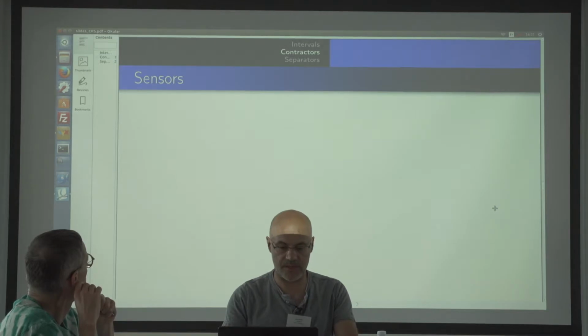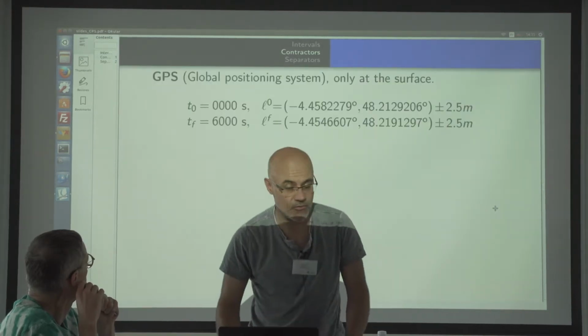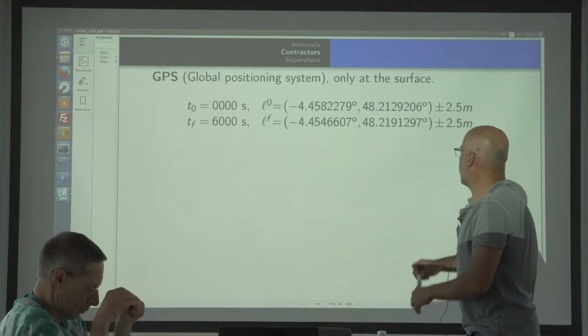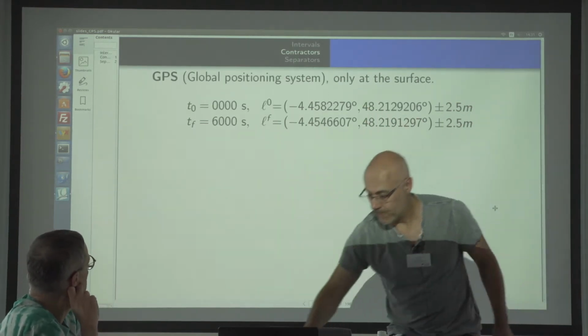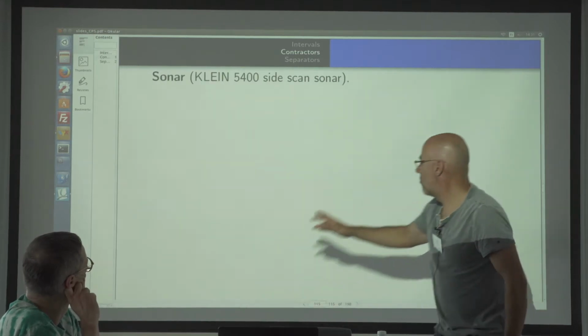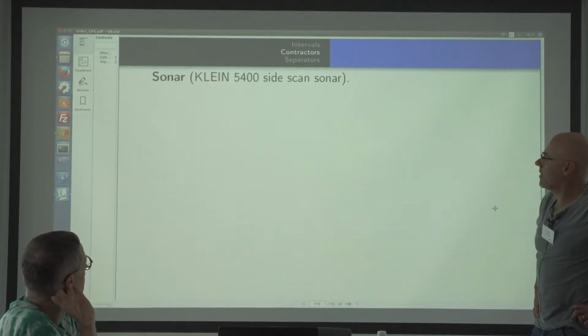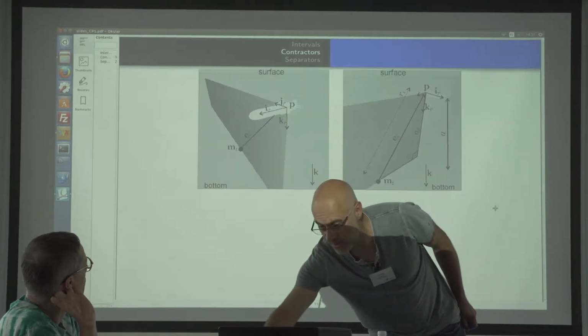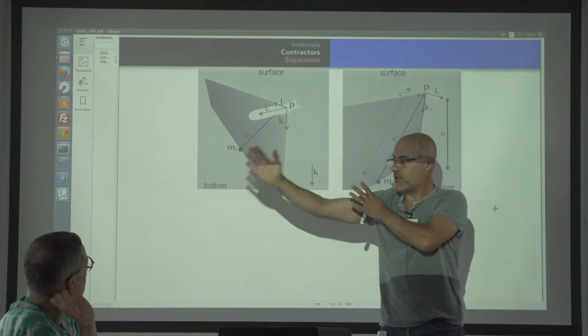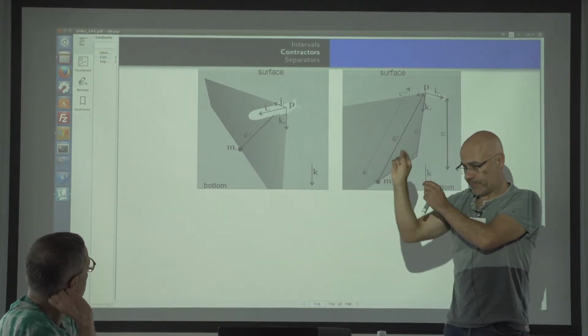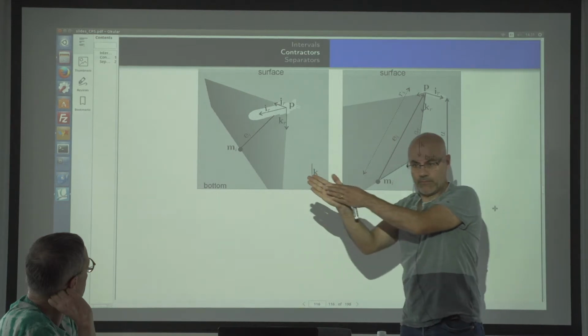The robot. And now what are the sensors? First, it is important, when you are at the surface of the water, you have the GPS. The accuracy is something like 3 meters, let's say. You have a sonar. The lateral sonar is able to see on the right of the robot, but only on a thin plane.